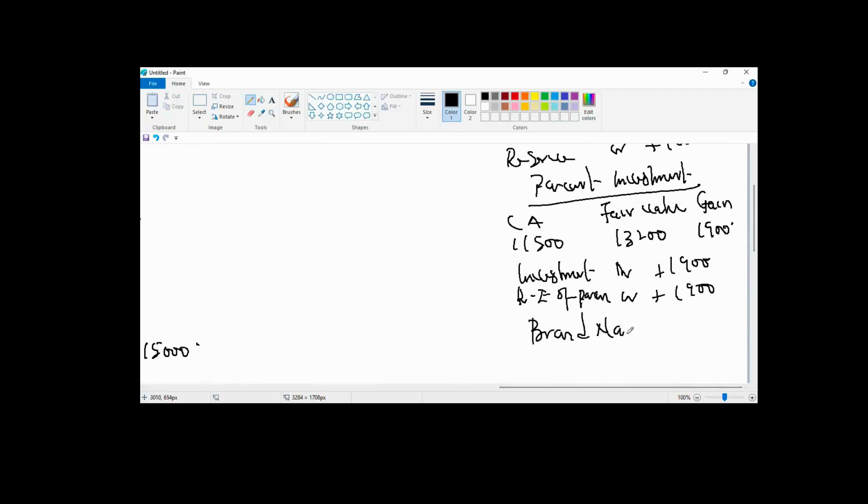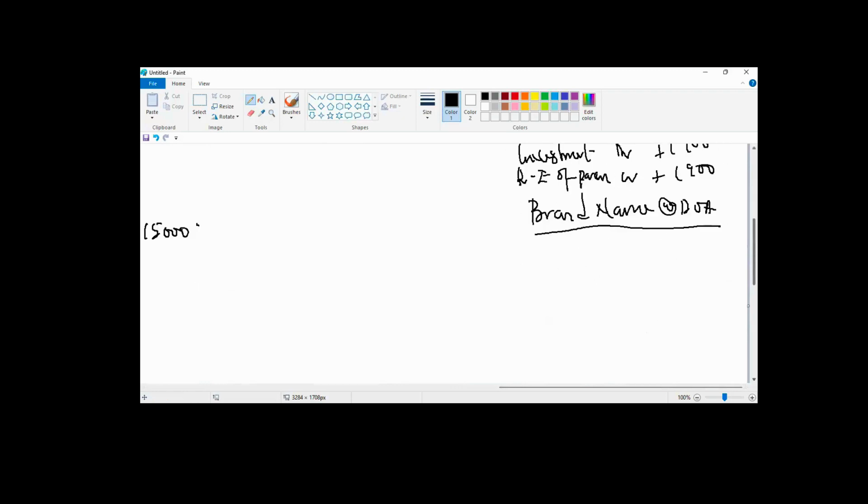Brand name at date of acquisition, what is the accounting entry? I will debit the brand name account, plus 12,000. I'll go to the reserves, credit.